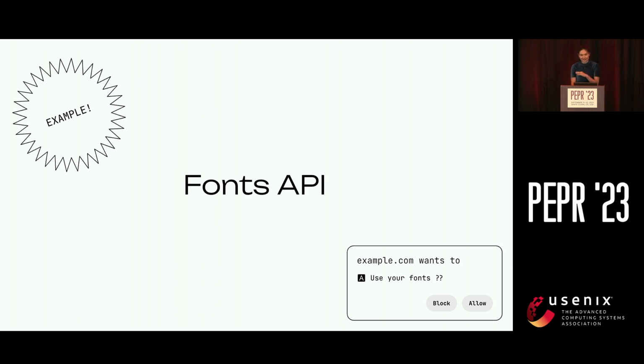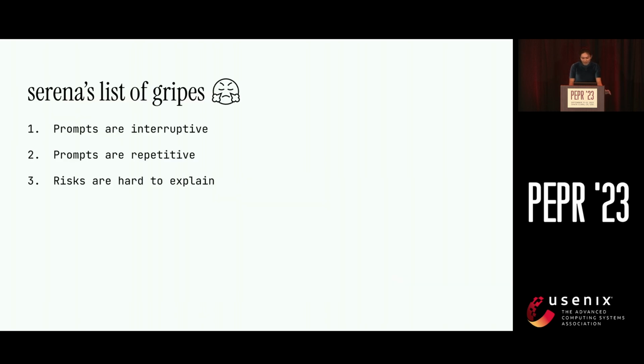As it turns out, the risk has nothing to do with access to the file itself. The risk is in the fact that if you install custom fonts on your computer, the list of fonts that you have is quite unique, which makes you identifiable, which makes you fingerprintable. Try explaining that to someone in the middle of making a meme. Not going to work. So we have some problems to deal with.